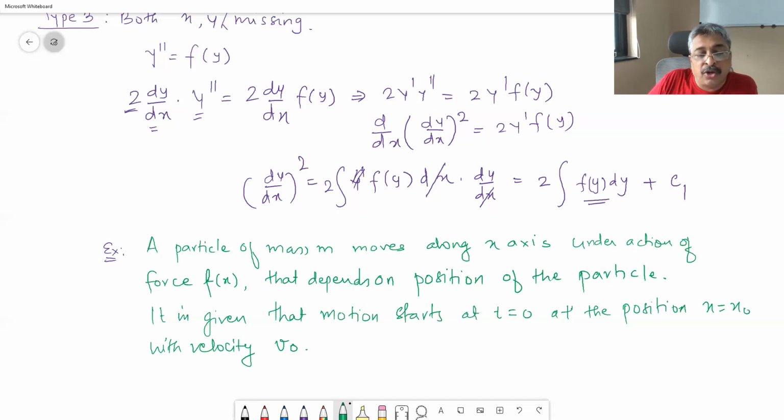Form the differential equation and solve. I will wait, then we will do it together.